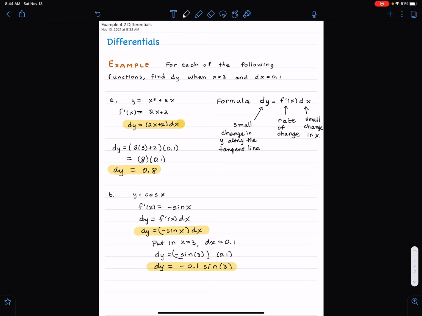Alrighty, so I know I didn't write down a graph to explain this formula, but this differential formula is an approximation for a change of y when we assume that the rate of change is constant. So we evaluate the rate of change at 3, and the x changes by 0.1, and then we multiply. It's the same as miles per hour at an instant times the change in time, and you get the change in distance.